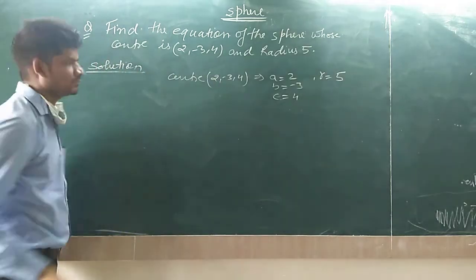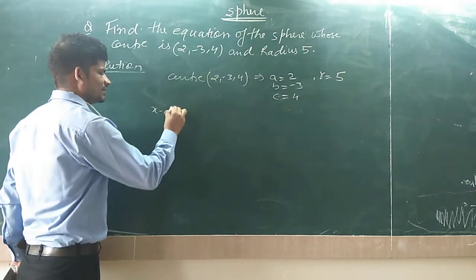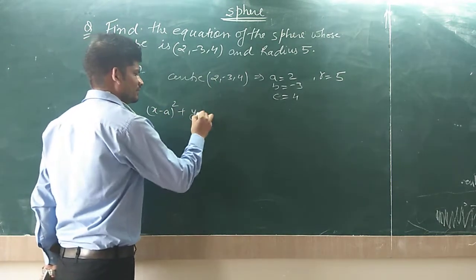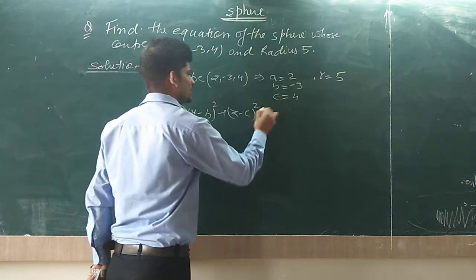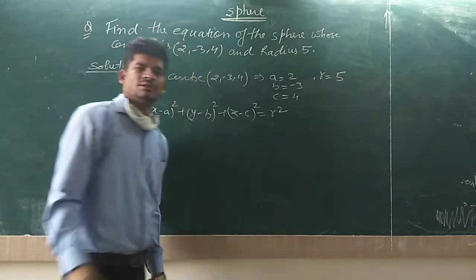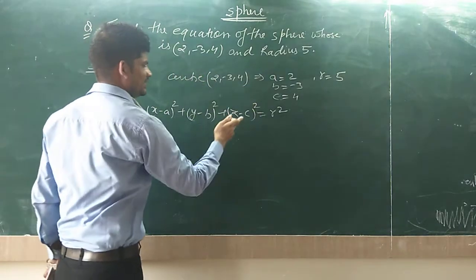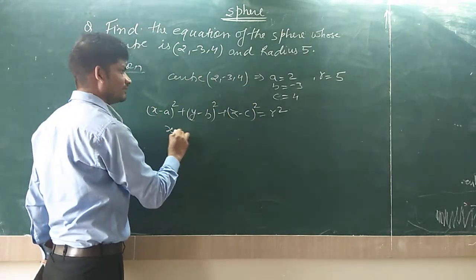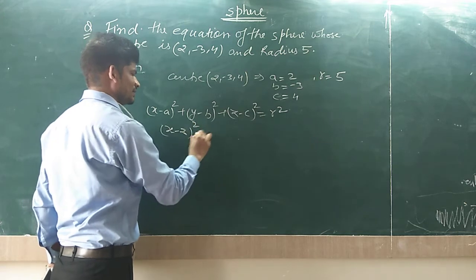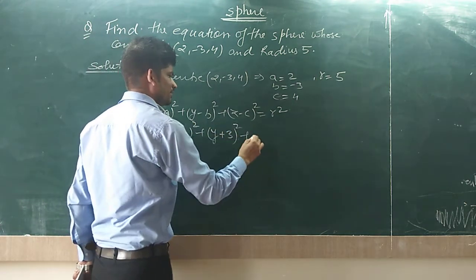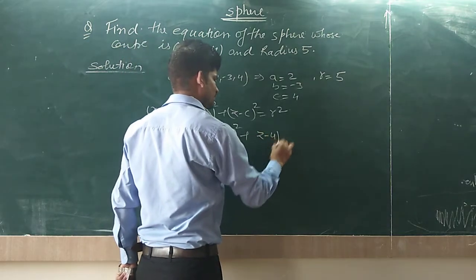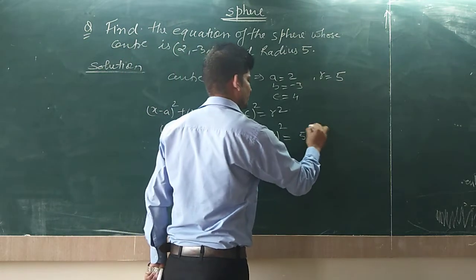By using the formula (x minus a) square plus (y minus b) square plus (z minus c) square equal to r square, putting the values of a, b, c in this formula, then (x minus 2) square plus (y plus 3) square plus (z minus 4) square equal to 5 square.